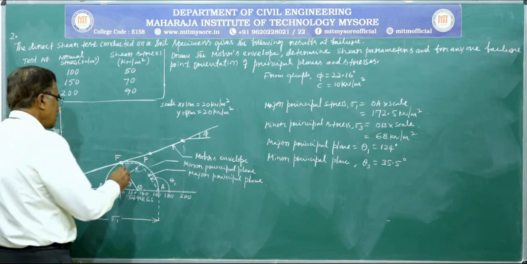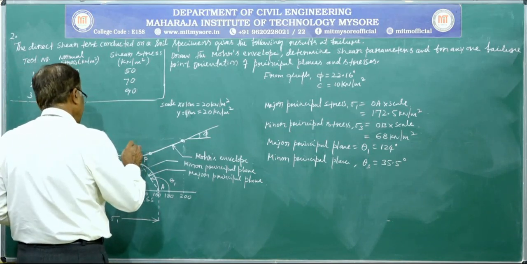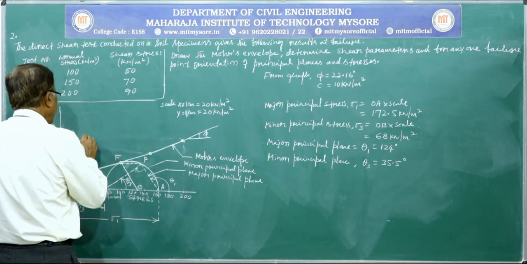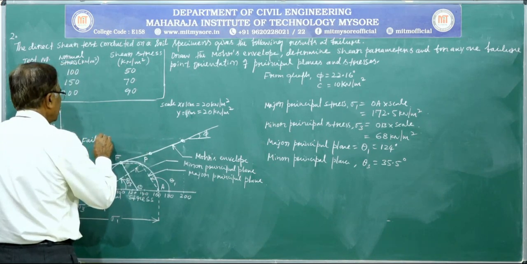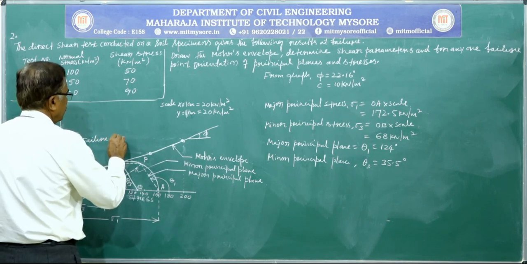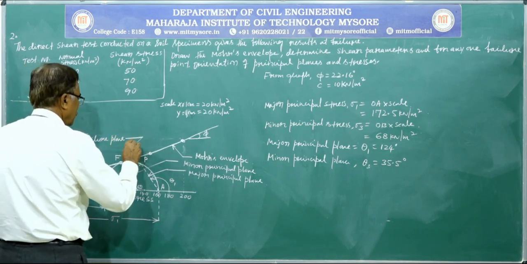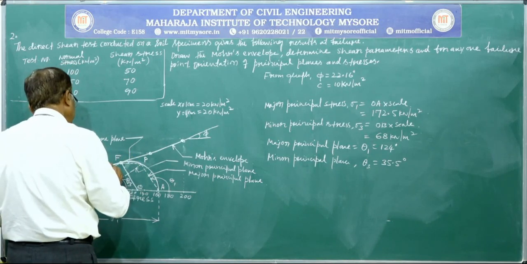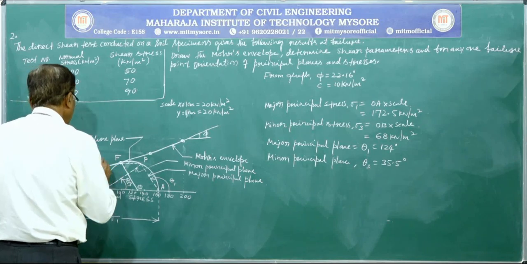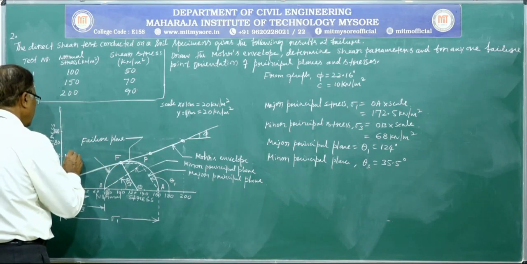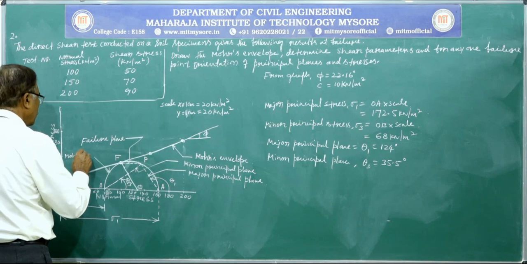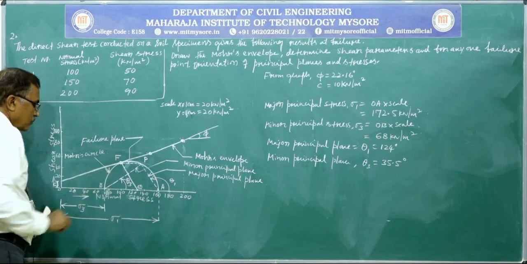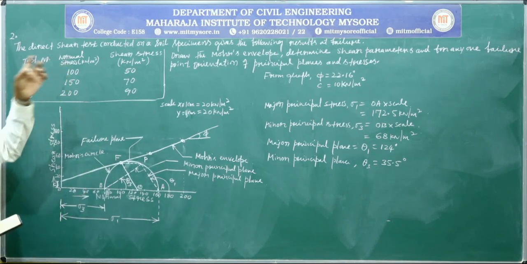So we can call this FP the failure plane. And this is the Mohr circle. So you can easily solve the problem.